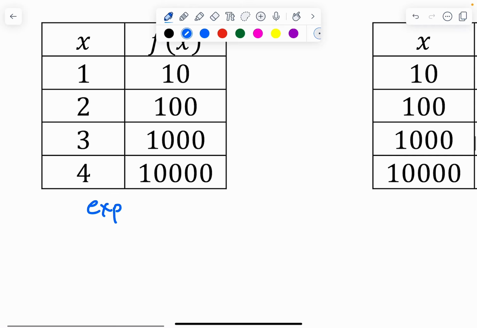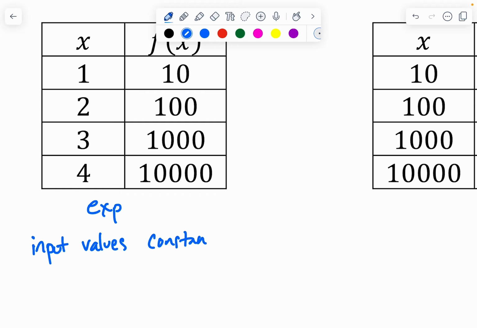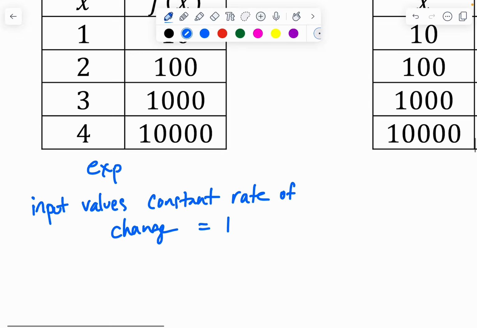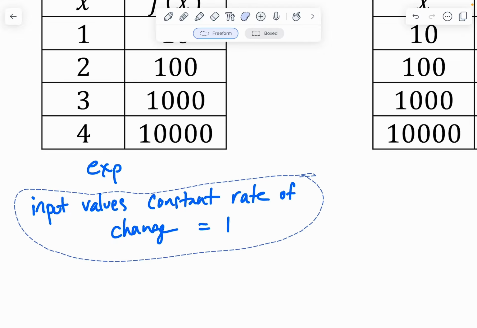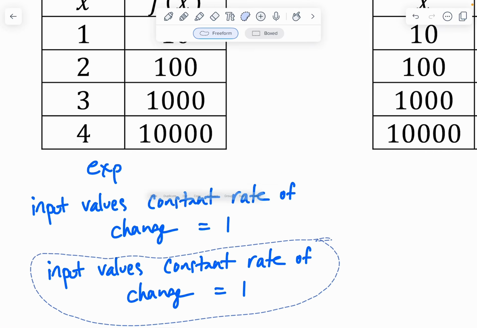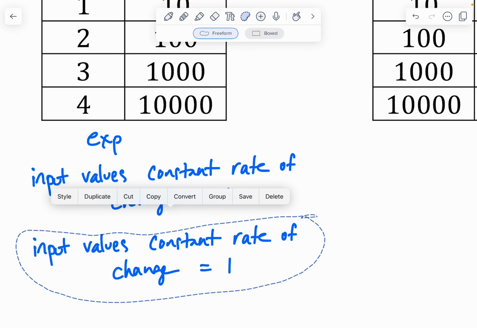With these, we notice that this one is exponential, and the question is why? What we know is the input values have a constant rate of change. In particular, the rate of change is equal to 1. The output values, I'm going to be lazy, I mean efficient, we're going to change a couple words.